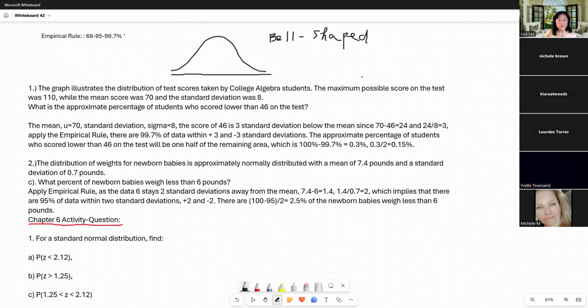But this is the one in chapter 6 we call normal distribution.